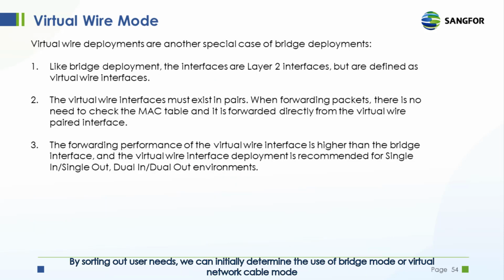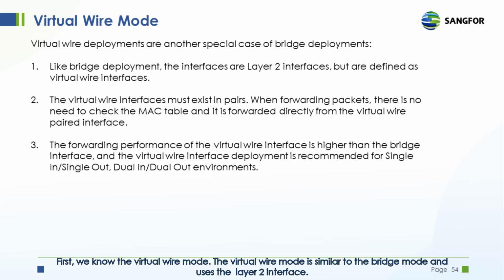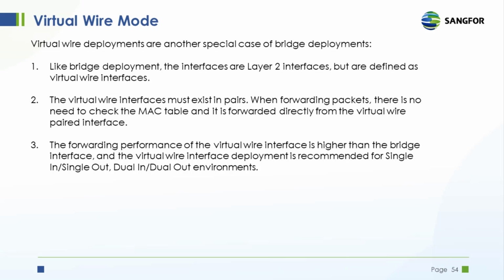By sorting out user needs, we can initially determine the use of bridge mode or virtual network cable mode. But we need to think about the difference between bridge mode and virtual network cable mode to determine which one to use. First, let's look at the virtual wire mode. The virtual wire mode is similar to the bridge mode and uses layer 2 interfaces.